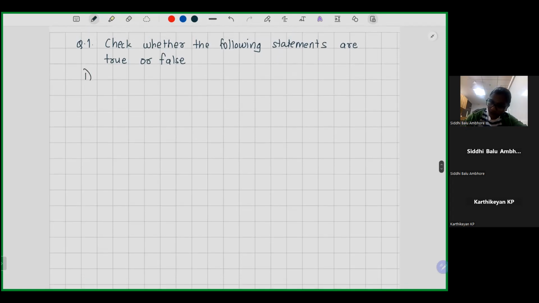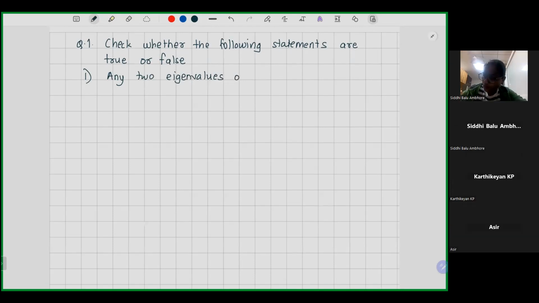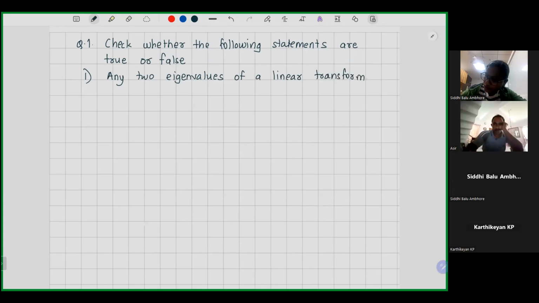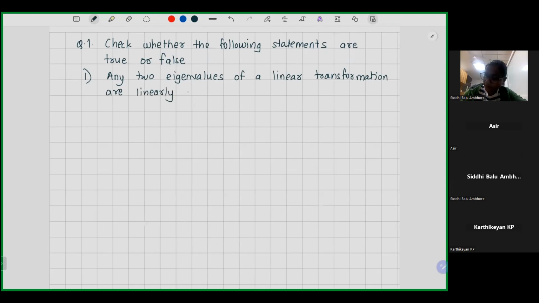So the first statement is that any two eigenvectors of a linear transformation are linearly independent.